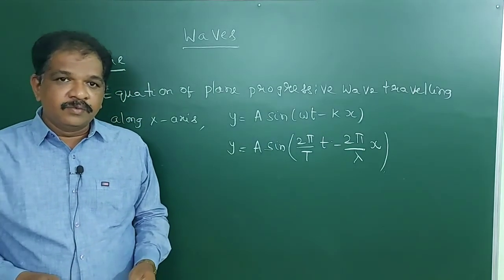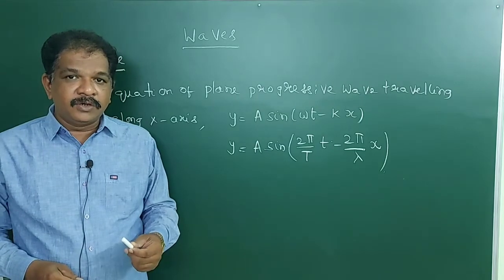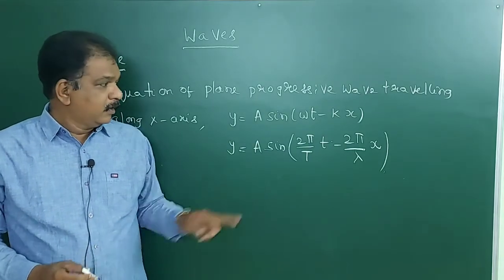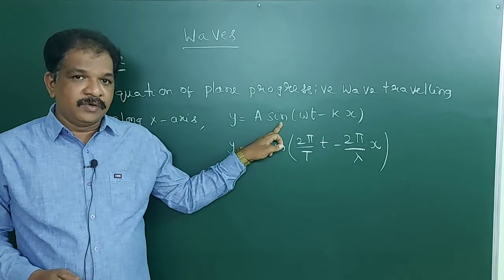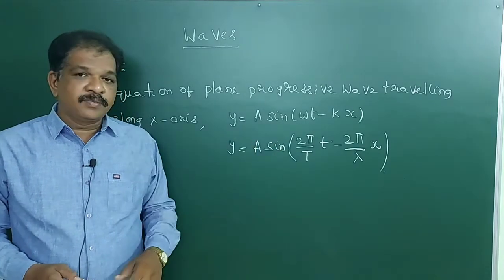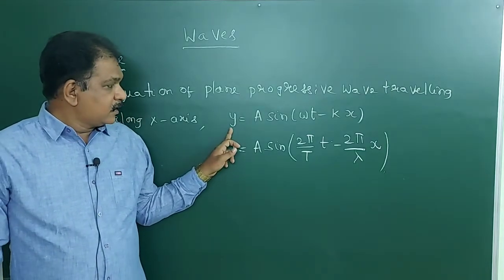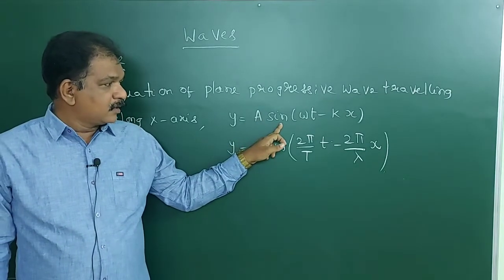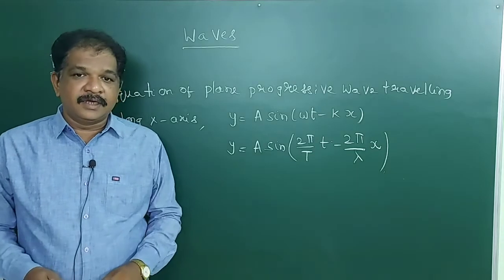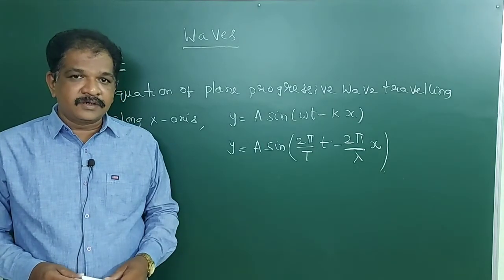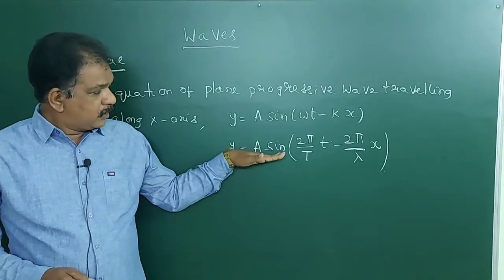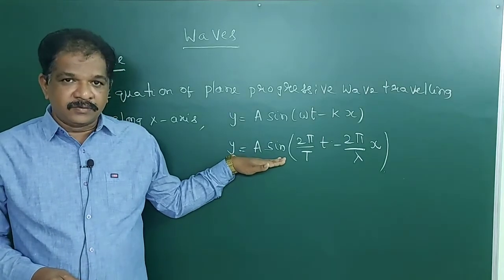If the wave is moving along the positive y-axis, here instead of sine, cos will come. If the wave is progressing along the negative y-axis, y = A cos(ωt + kx). Like that equations will differ. So generalized form will be this only.